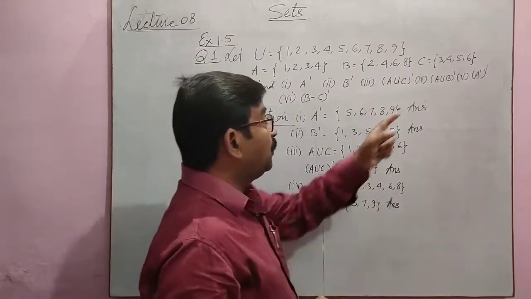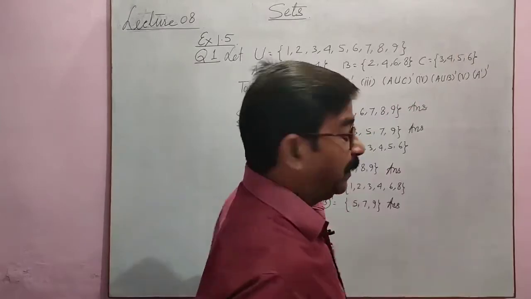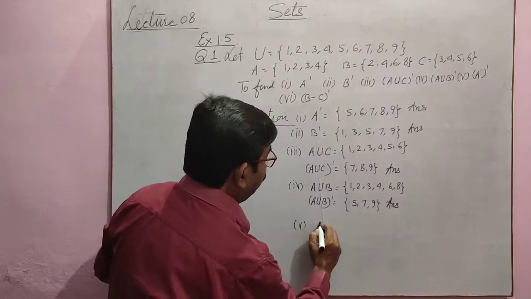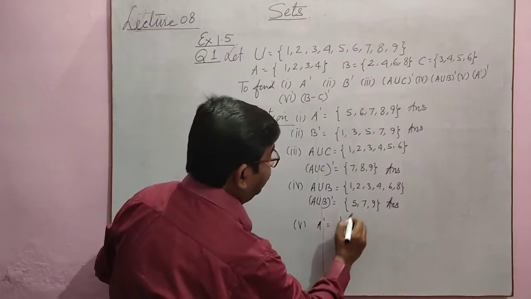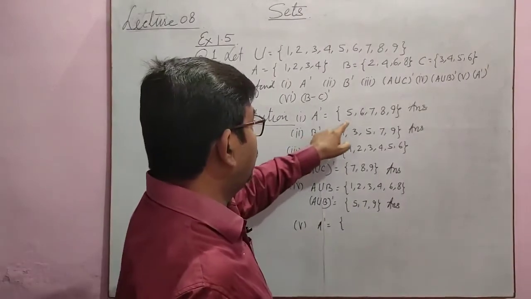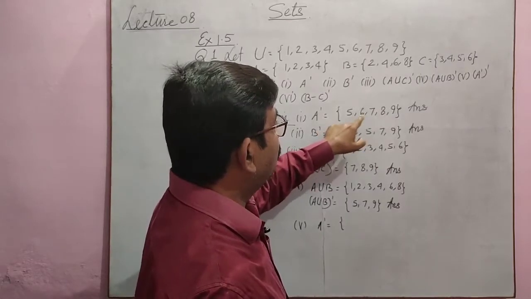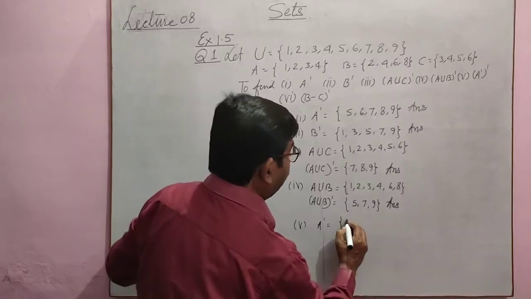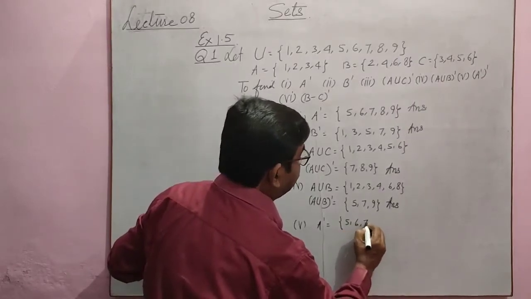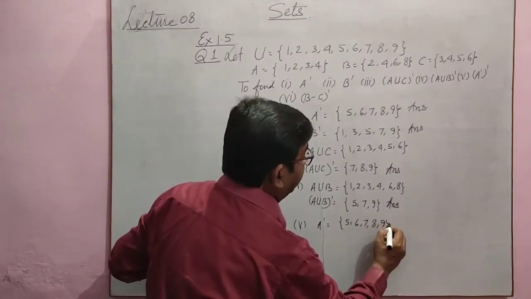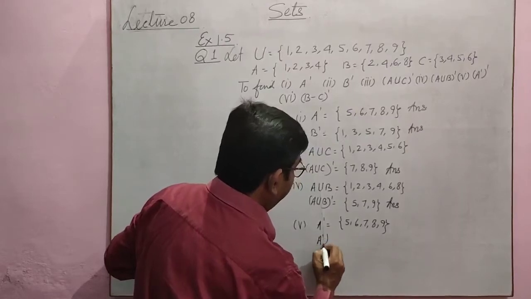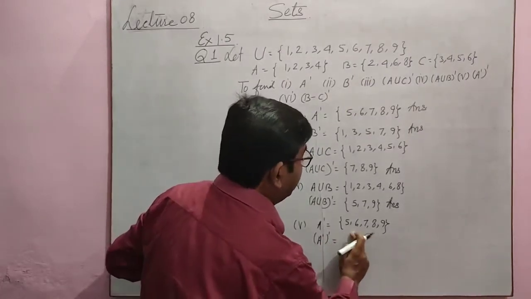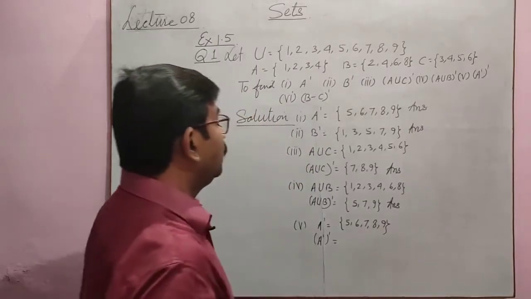Now the complement of the complement of A, the fifth part. First we have to find the complement. We have already got this complement: 5, 6, 7, 8, 9. Again, its complement. So these elements will be removed from the universal set.